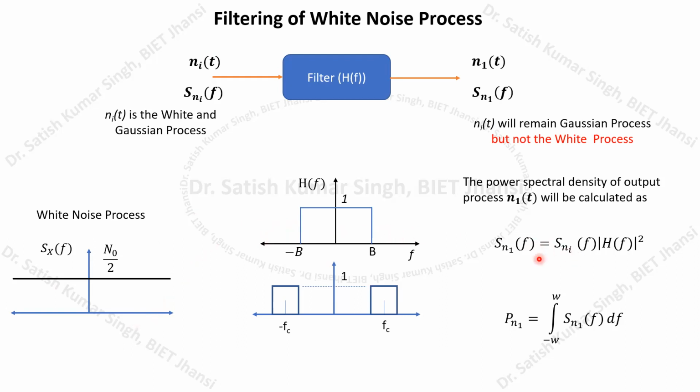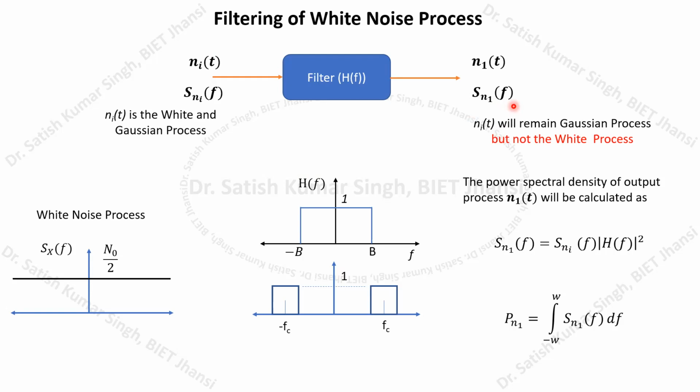When it is multiplied and we follow this particular equation, the output of the filter will only contain the noise content within its passband. Outside the passband, the filter itself has its frequency response equal to zero, therefore the noise cannot pass through, right? And therefore this output noise process cannot have the flat spectrum varying from minus infinity to infinity.